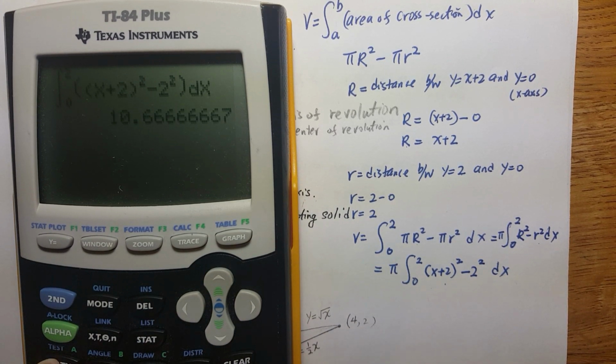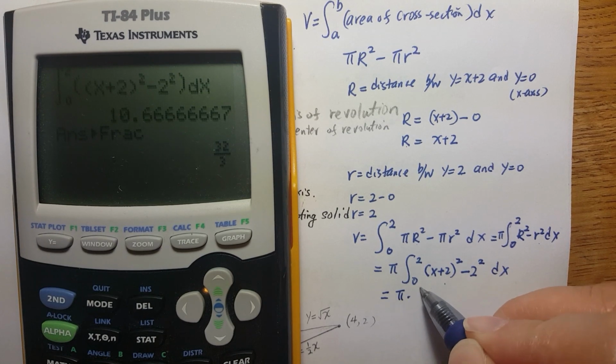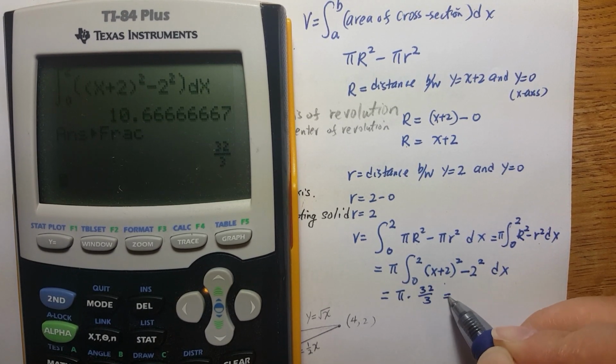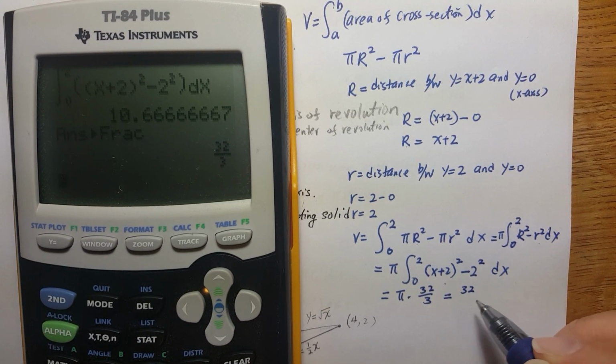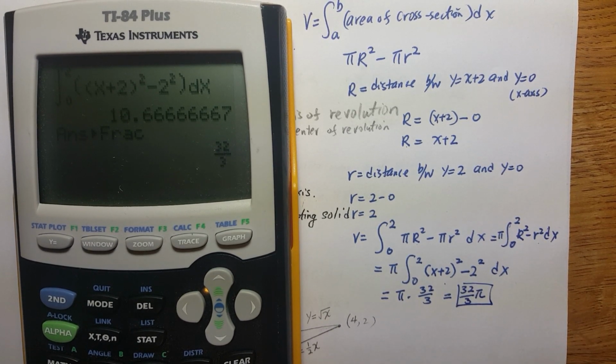I'm going to turn it back into a fraction. So I got 32 over 3. Therefore it's pi times 32 over 3, which is 32 over 3 times pi. So we finished question number 2.